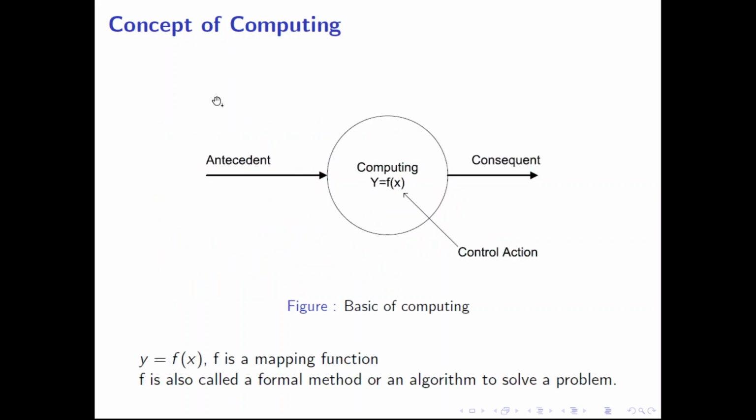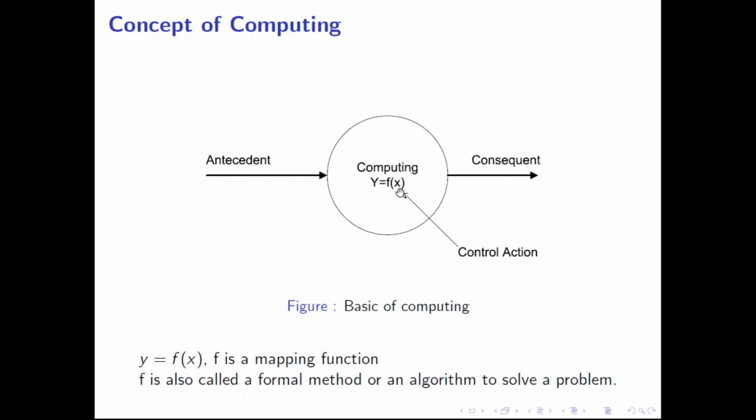So to start with, what is computing? You can see here, computing is something like processing. It takes an input, here called the antecedent, and that gets computed. Computing can also be called mapping an input to an output.